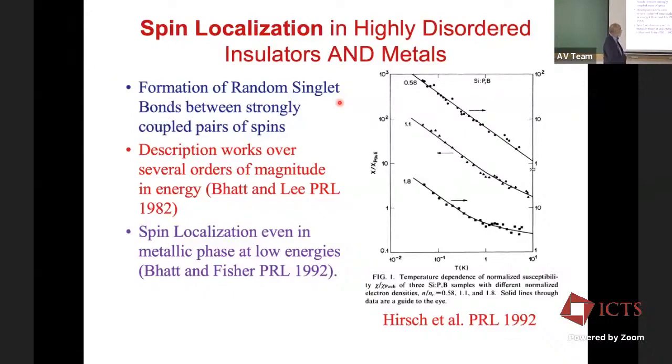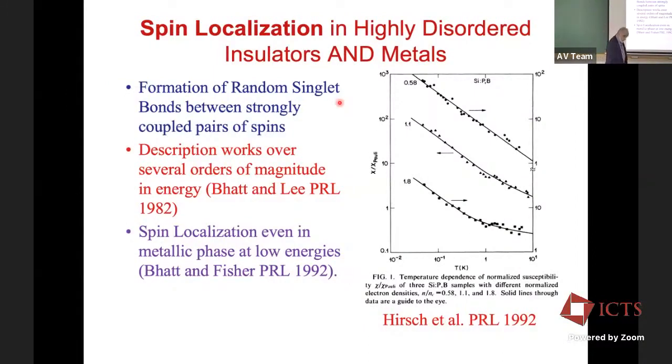I went through this large disorder renormalization scheme and showed that at very low energies, what you're doing is making a singlet to triplet transition. That's the excitation, and most of the amplitude is on two sites. And this gets better and better as you go to lower energies.